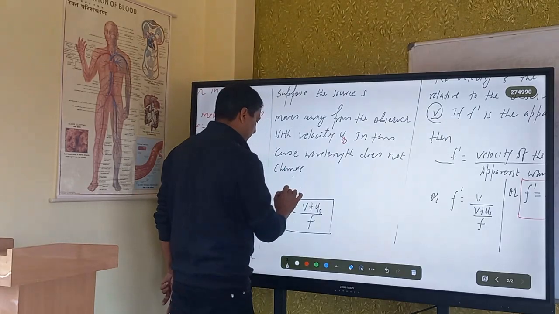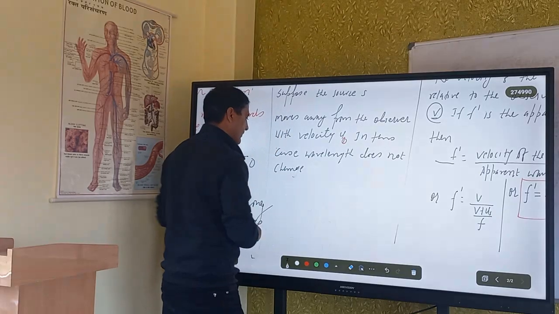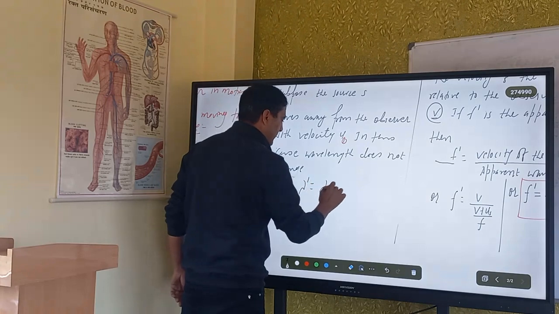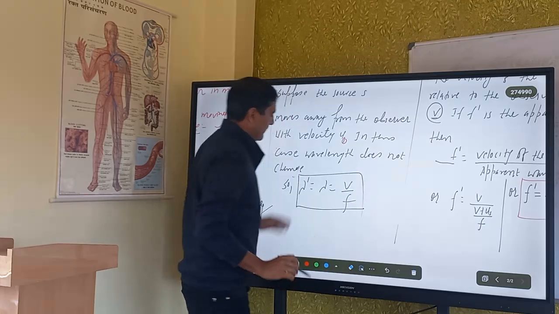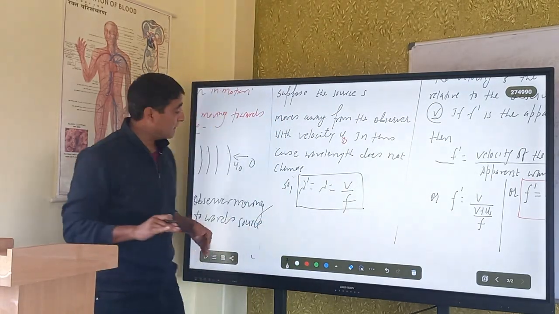So lambda prime equals lambda equals only v by f. Apparent wavelength is the same as the real wavelength and that is v by f.